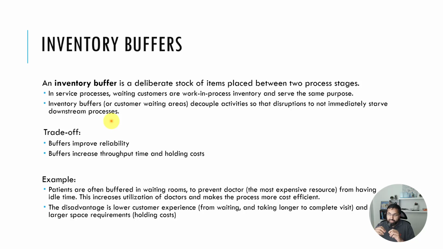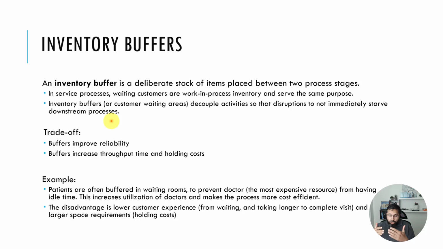An inventory buffer is a deliberate stock of items placed between two process stages. In service processes, waiting customers are work in process inventory, and they serve the same purpose. Okay. Inventory buffers or customer waiting areas decouple the activities so that disruptions in one activity do not immediately starve the downstream processes.